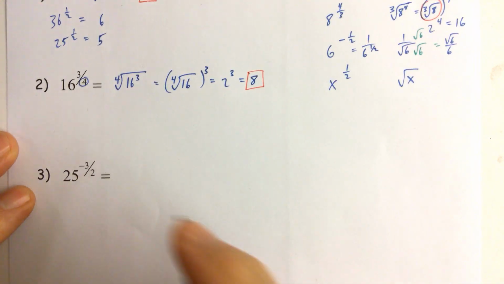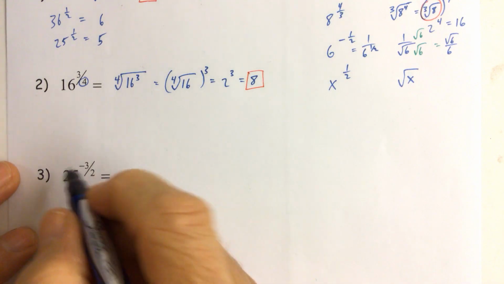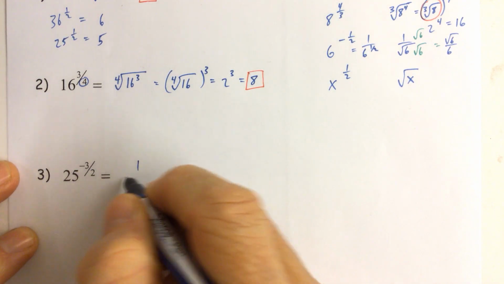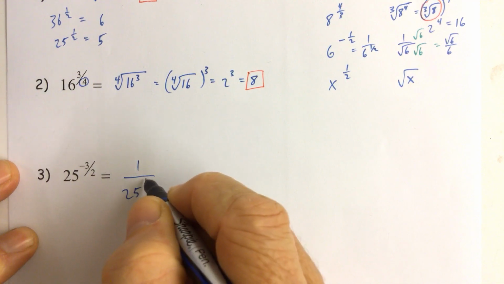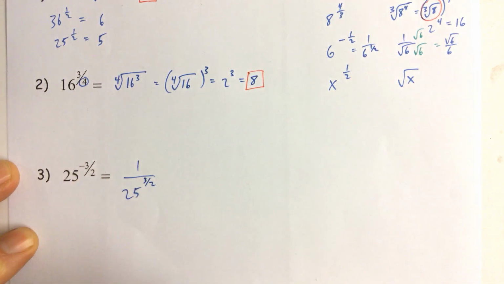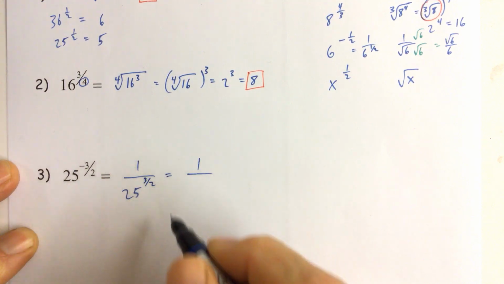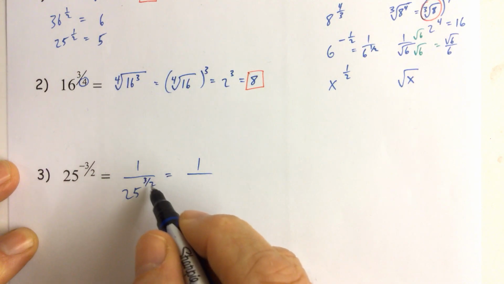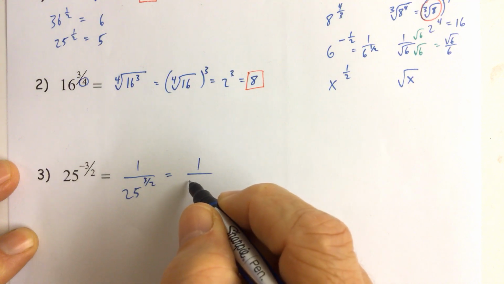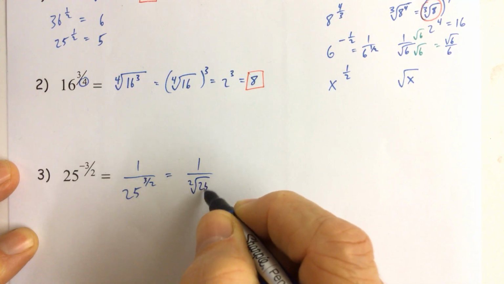And then for number 3, we see we have 25 to a negative power. So let's immediately write that as a positive exponent, and then we can deal with what's in the denominator here. And we have 25 to the 3/2, and I already know that I'm going to find the radical of 25.